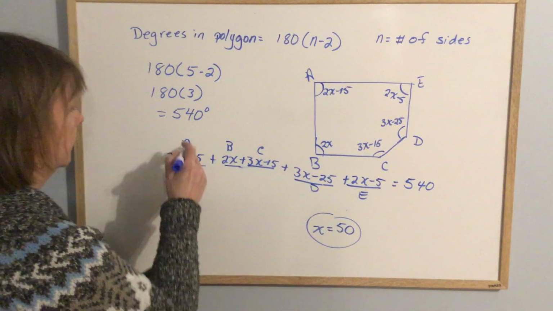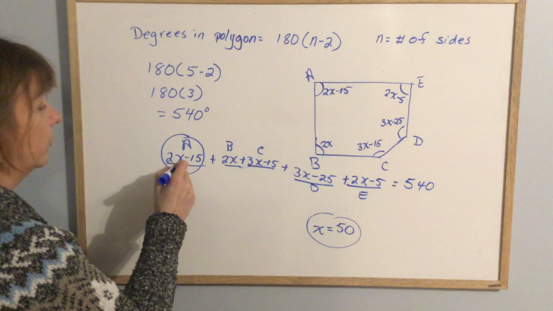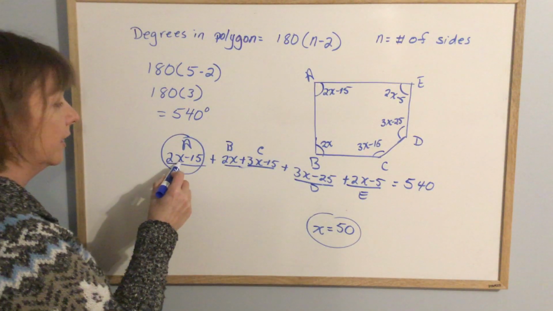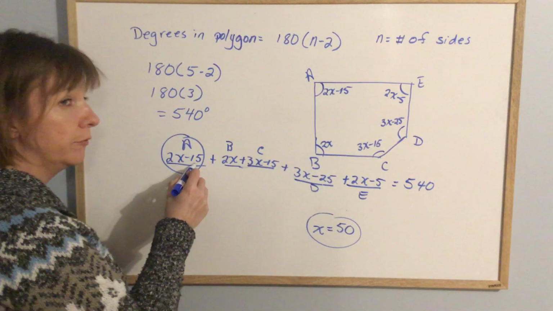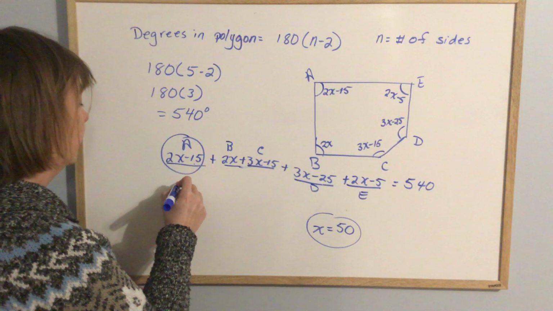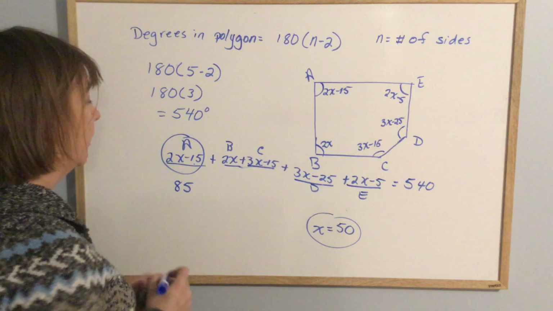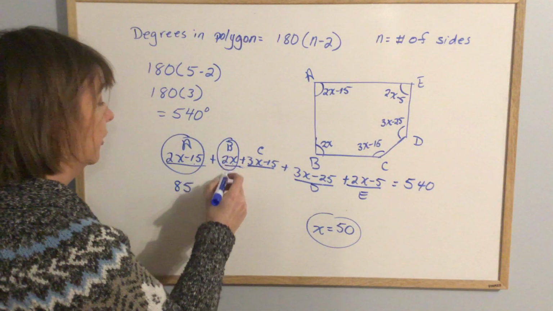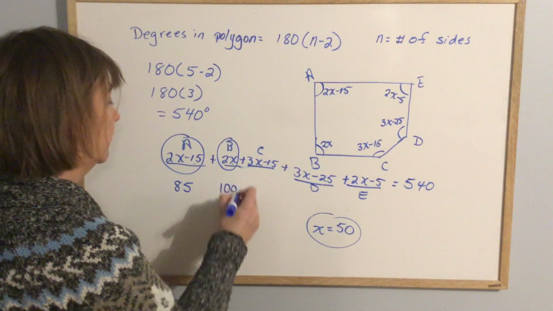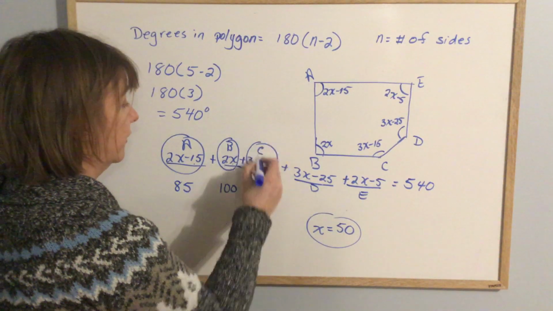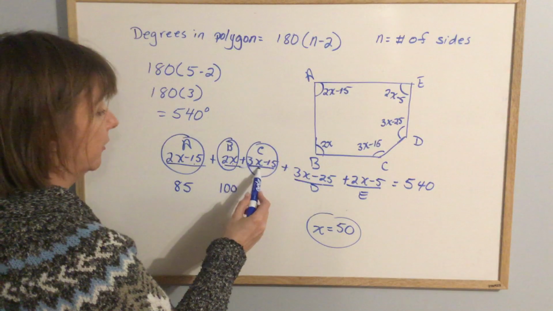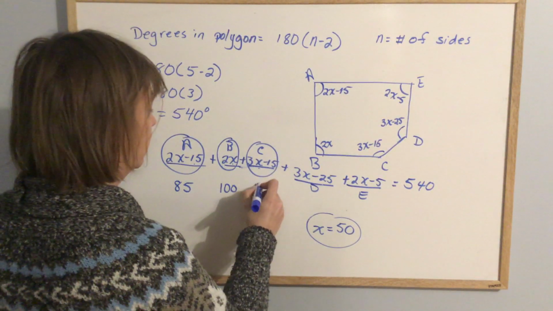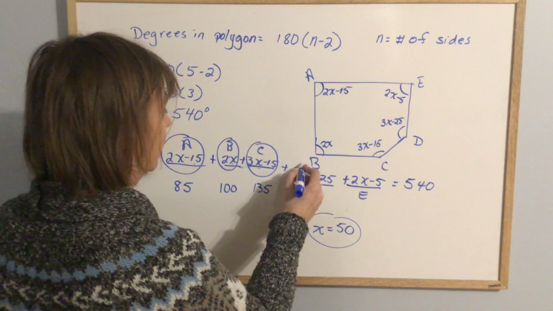Angle A is 2x minus 15, so 2 times 50, which is 100, minus 15 is 85. Angle B is 2 times 50, so that is 100. Angle C is 3 times 50, which is 150, minus 15, which is 135.